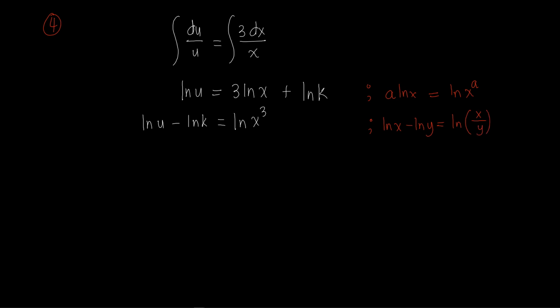Pag subtraction yung nasa gitna, pag addition yung nasa gitna, mag-multiply kayo ng x and y. Ito magiging ln u over k. Then, ito naman magiging ln x cube. So, para mawala yung ln, i-exponentiate natin siya both sides. So, magiging u over k is equal to x cube.